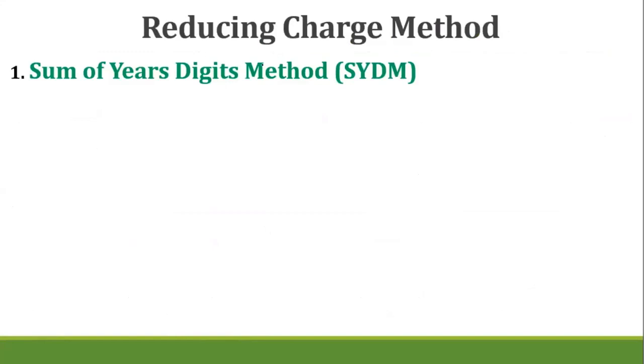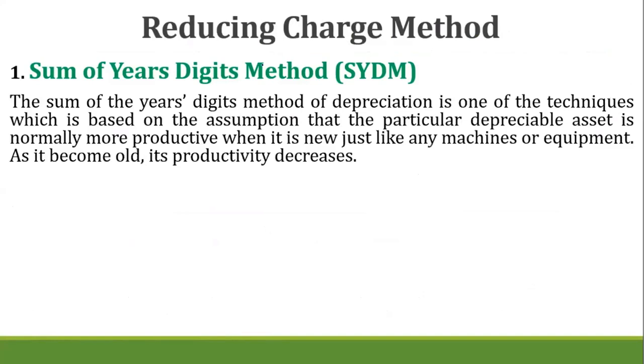Next, the first of the reducing charge methods is the sum of years digits method, or the SYDM. The sum of the years digits method of depreciation is based on the assumption that the particular depreciable asset is normally more productive when it is new, just like any machines or equipment.